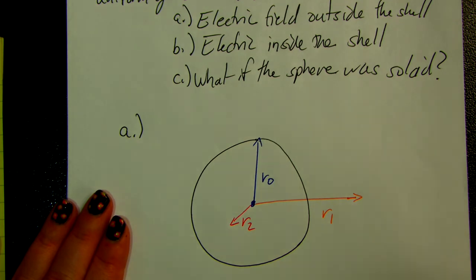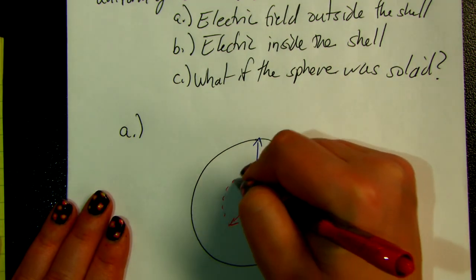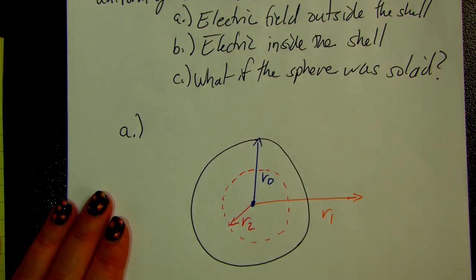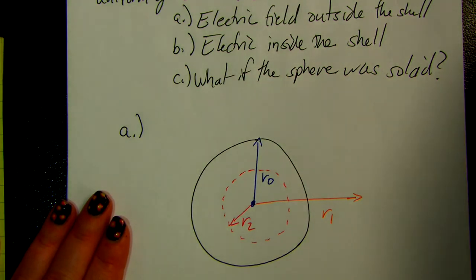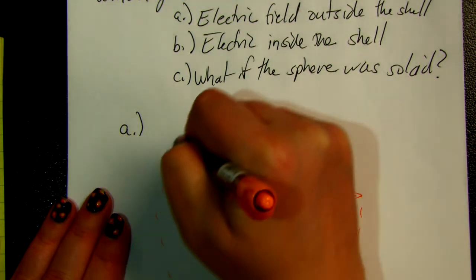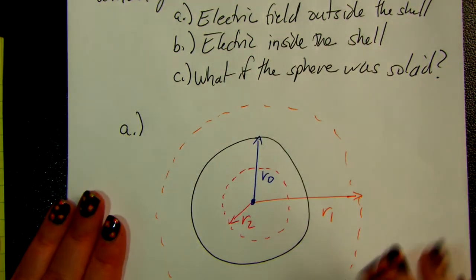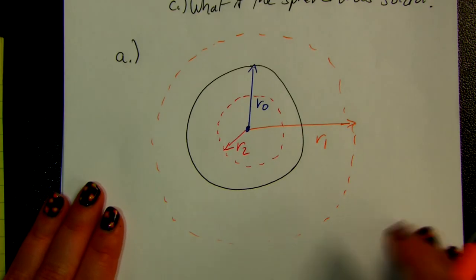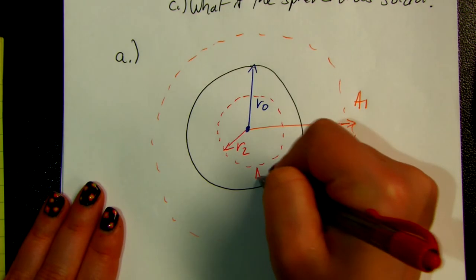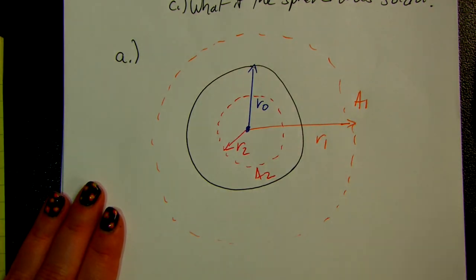So then let's draw some Gaussian surfaces. So here's a Gaussian surface for R2. Here's a Gaussian surface for R1, so we'll call that A1, call this A2, and let's give it some field lines.